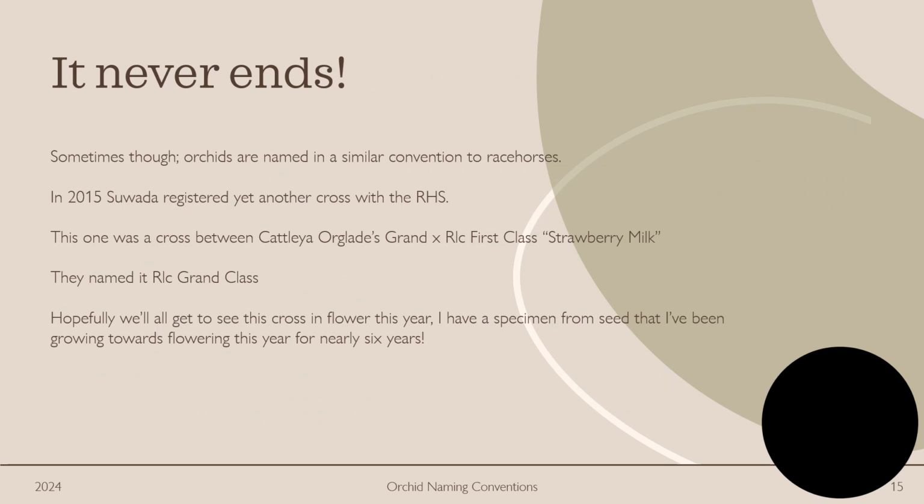One characteristic that I think is becoming more commonplace now, because orchid breeding is becoming so complex, is the tendency to use the convention that is used in racehorses, where the name of a new cross takes some of its naming from the parents.